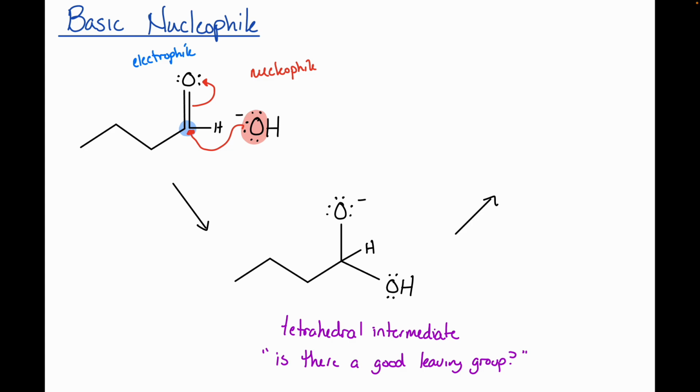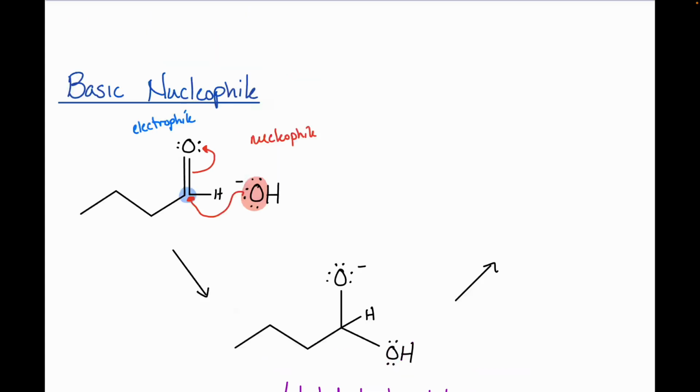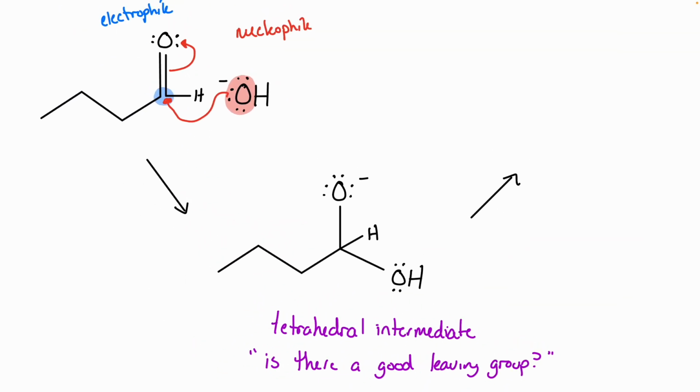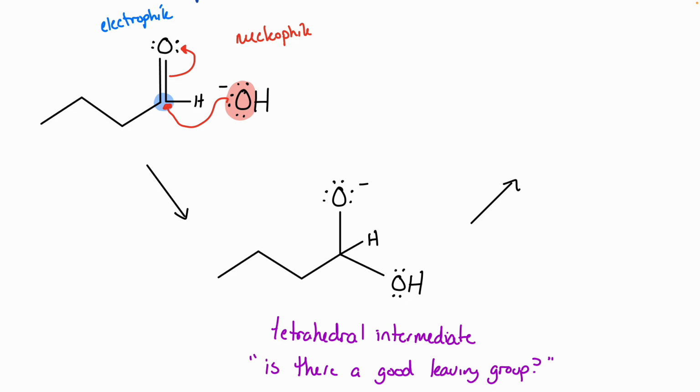Water. Right? I can't use hydronium or some strong acid. That's not compatible with these reaction conditions. Like we said, we're going to need to use a neutral proton donor. So the protonated form of our nucleophile is in this case just water. All right? And so that's our last step here. We're stuck at our tetrahedral intermediate.